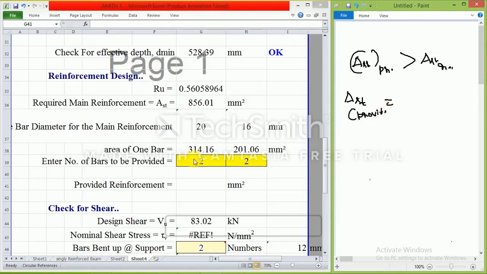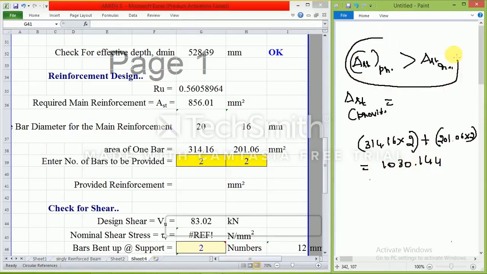Area of one bar, 314.16, total number of bars is 2, plus again the second layer 201.06 into the number of bars, 2. If you calculate this, it comes to 1030.44.